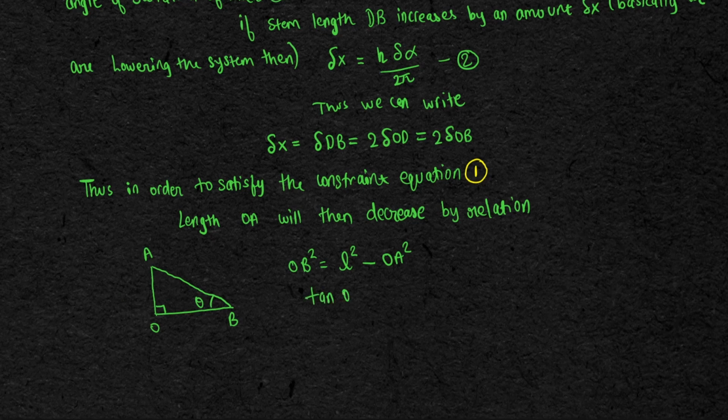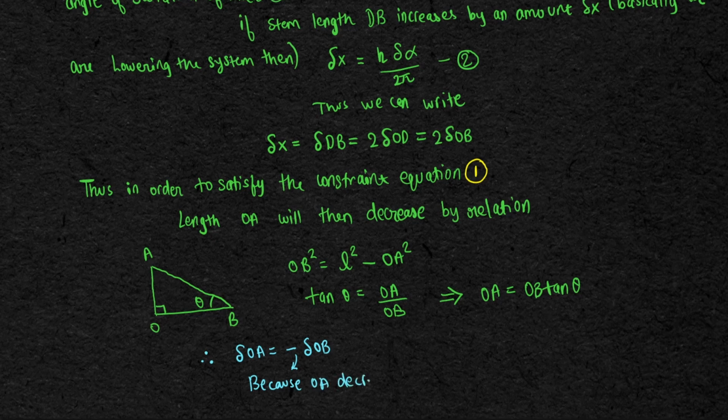If we do some simple trigonometry, we can easily see that tan theta is equal to OA over OB, which implies OA equals OB tan theta. The change in length OA will then be given by the following equation, where we can see that the minus sign appears because the length OA decreases as we increase the length OB while lowering the system.